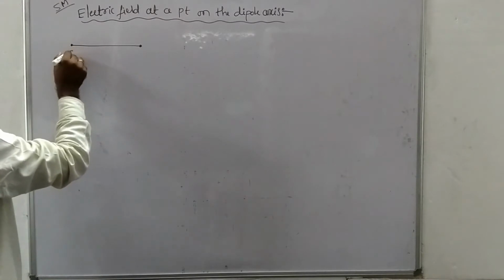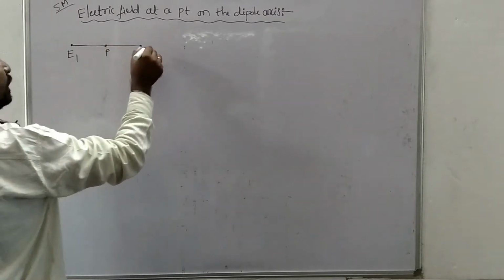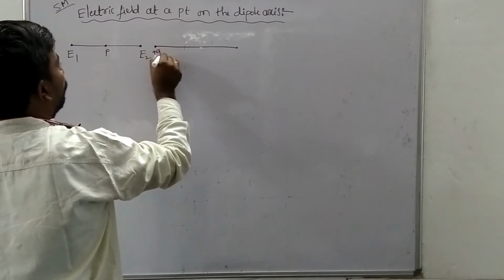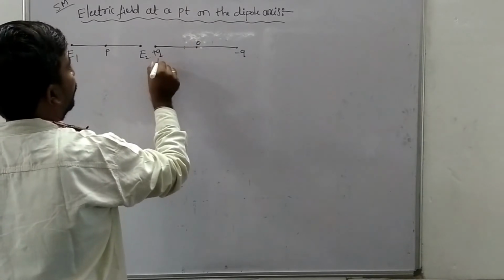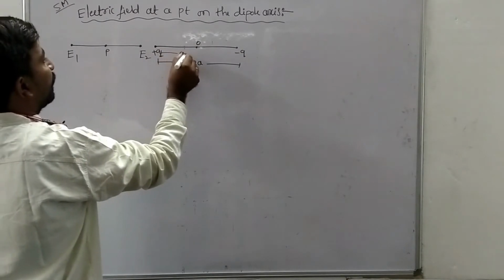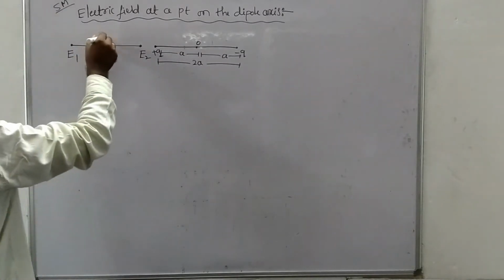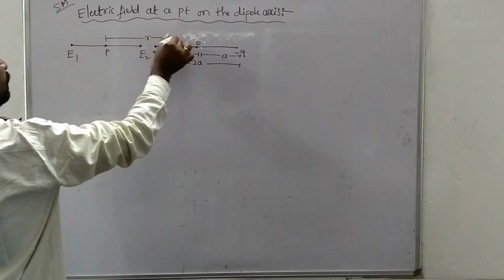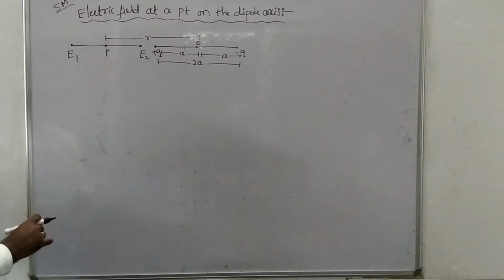So this is E1, E2, this is the point P. So plus Q and minus Q, this is the midpoint O, separation of the distance is 2a. So here to here a and here to here a, totally a plus a, 2a. Point P to O at distance is r, isn't it? So electric field at a point on the dipole axis.